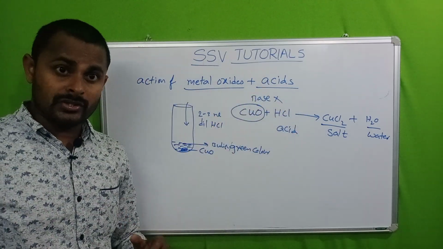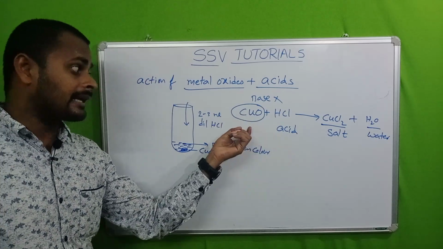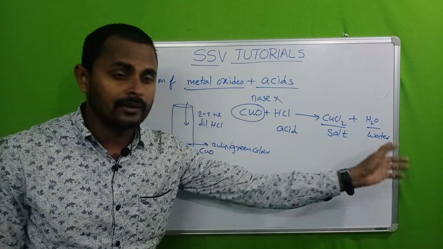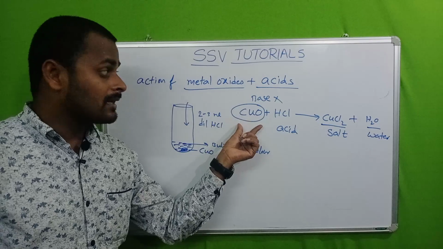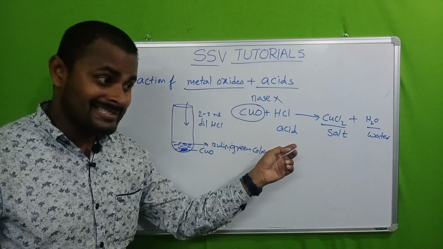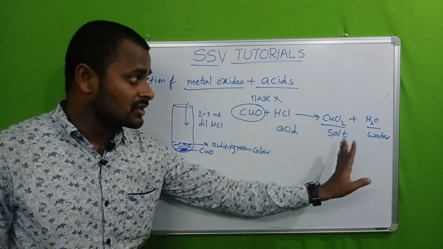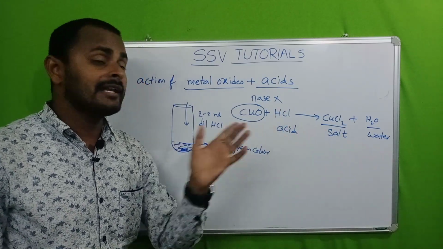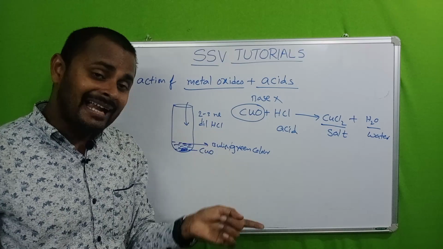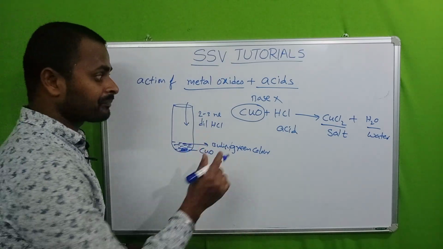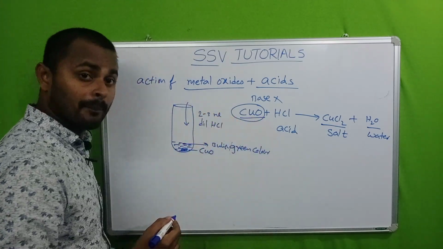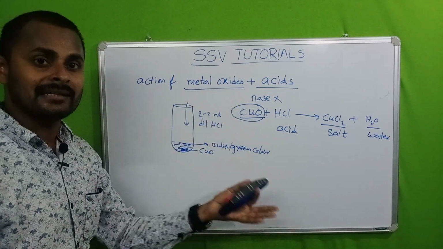According to neutralization, when an acid reacts with a base, it forms salt and water. But here a metal oxide reacts with an acid and forms salt and water. It means some neutralization reaction takes place, but here there is no base, so what is acting as a base? Cuprous oxide or copper oxide is acting as a base.